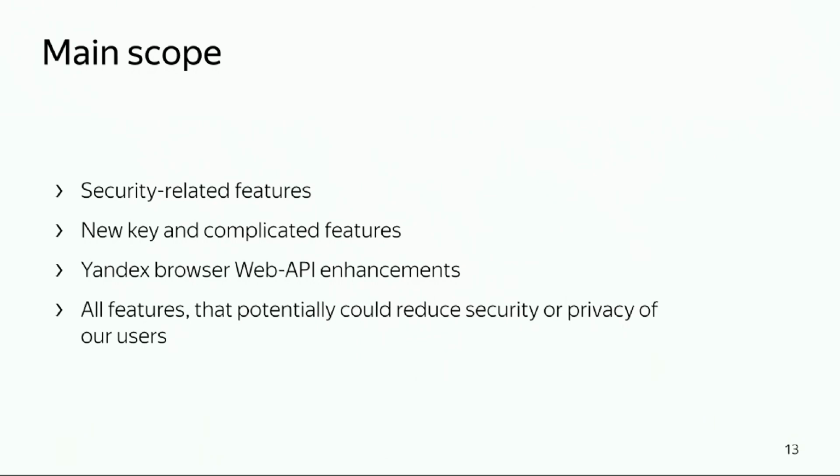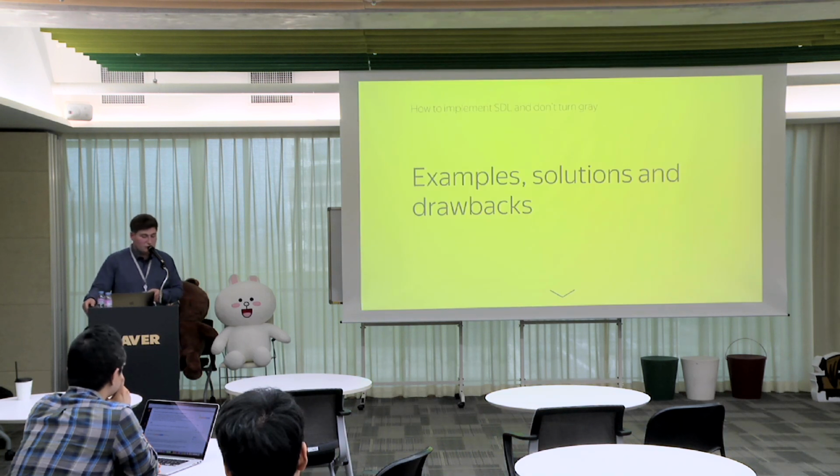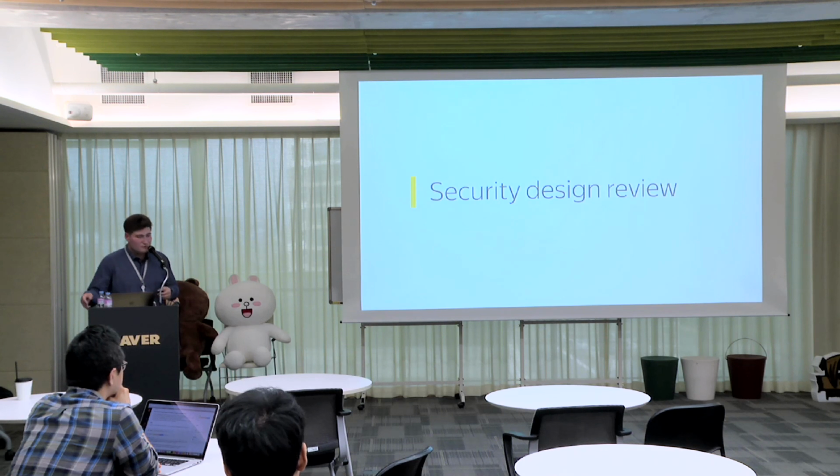But if we have just, for example, a web API enhancement or some features that potentially influence security, they could just pass the automatization steps. So let's go to examples, drawbacks, and solutions to explain our approach more easily.